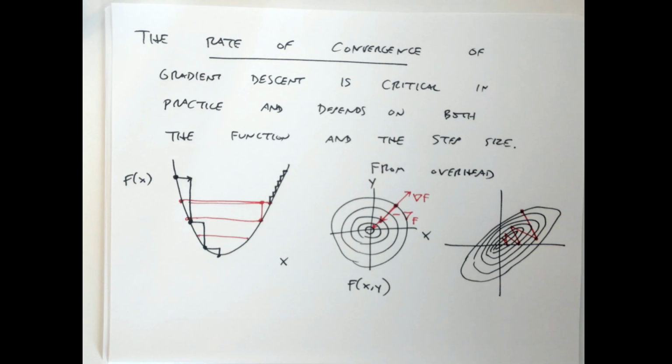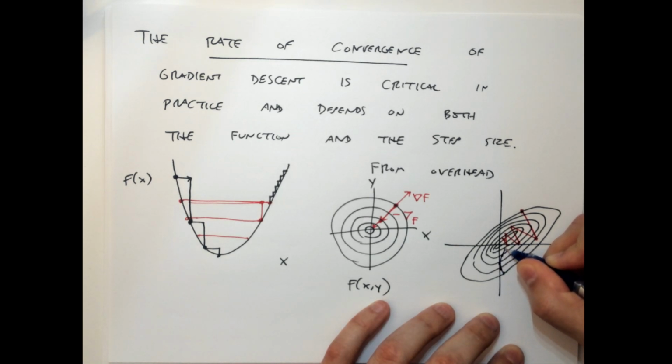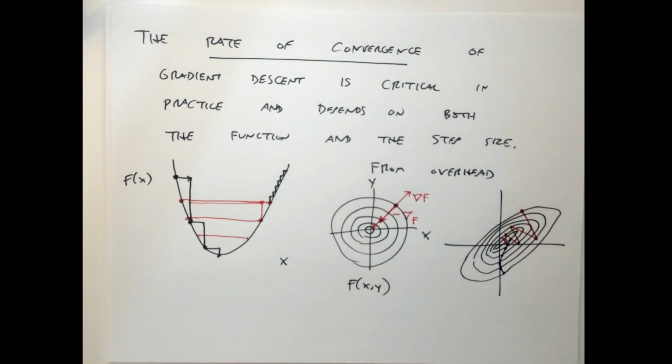Is there any way to avoid that zigzag situation in that more slanted curve? Is there any way to avoid this? Well, again, it has to do with how I tune the step size. Another way to think about this is that if I took smaller steps, I could zone in on the answer more directly, instead of this hysteresis, back and forth and back and forth.